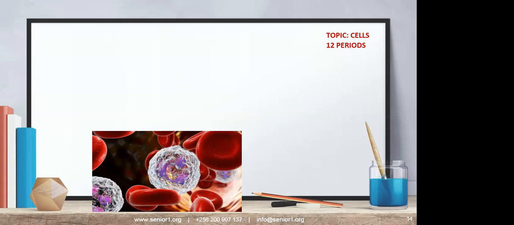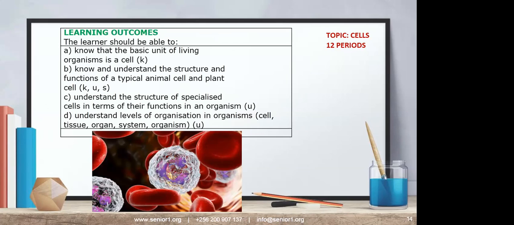So we shall learn about these cells. This is a white blood cell that you are seeing here. So under cells, you should be able to know the basic unit of living organism is a cell, and you will be able to understand the structure and functioning of a typical animal and a plant cell.